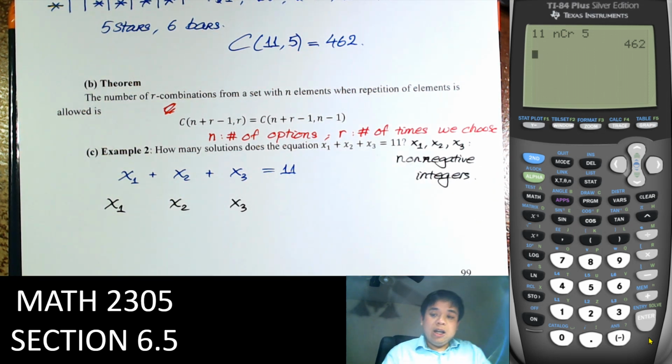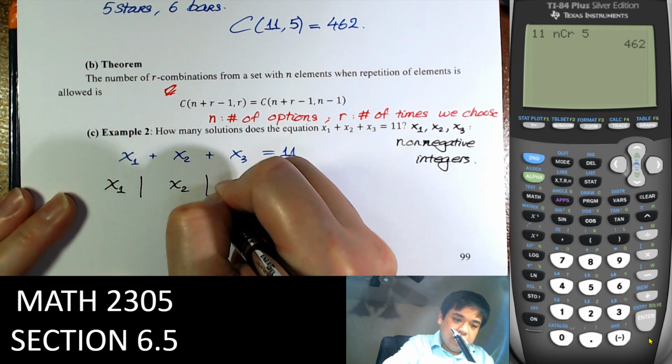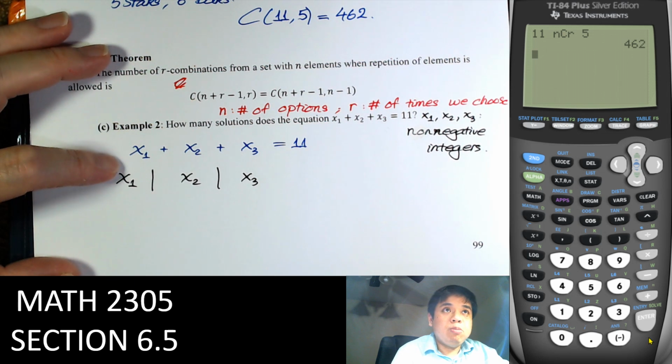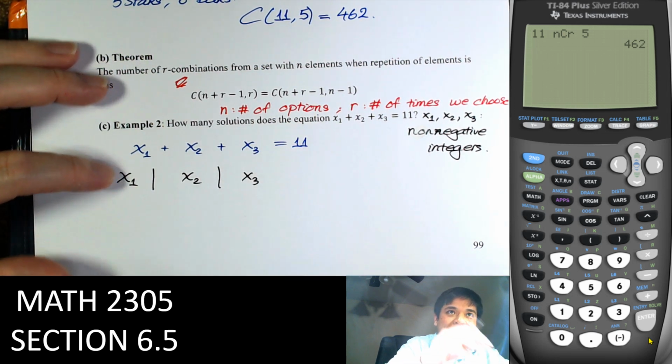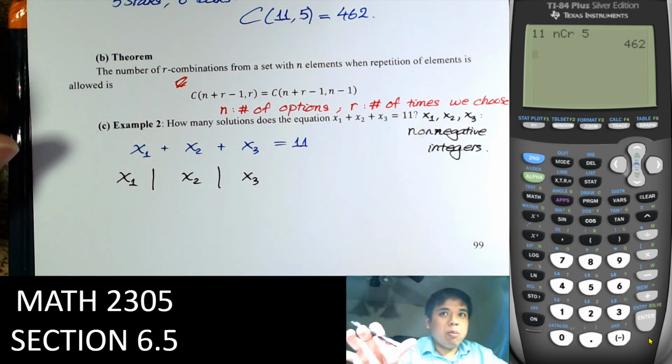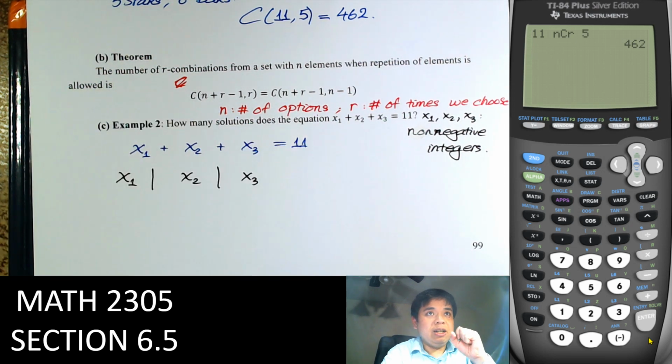Right. So in that case, you can choose some of x1, then you put a bar, and then we choose some of x2, and then we choose some of x3, so that all together they add up to 11. So in this case, there are 11 stars we have to choose.